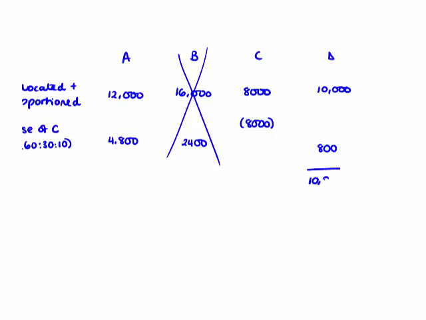So we've now got 10,800 in D, and we need to reapportion D between A and B.